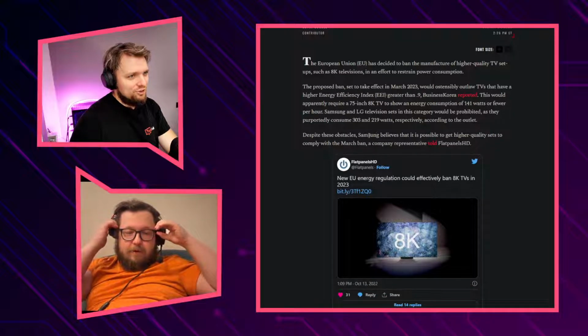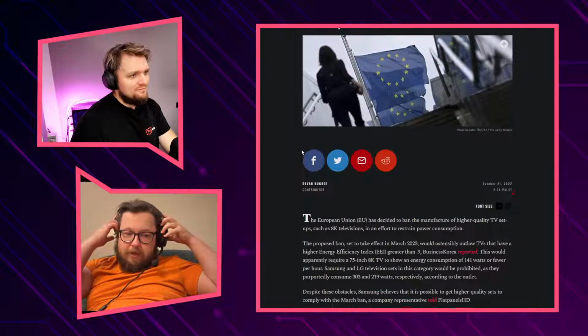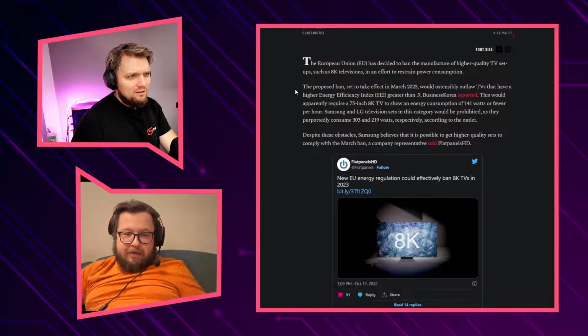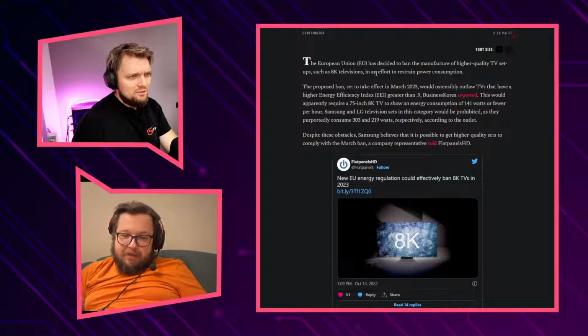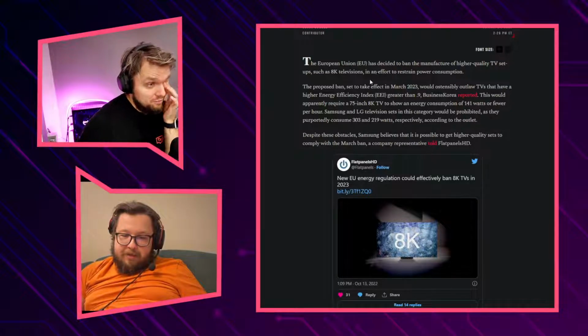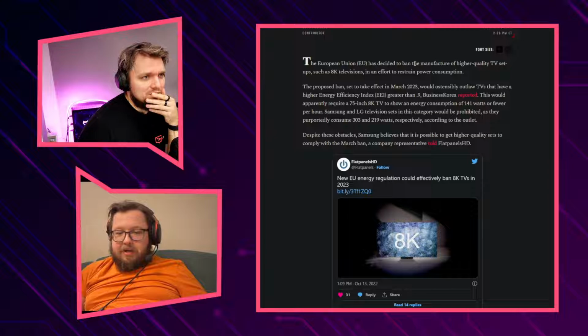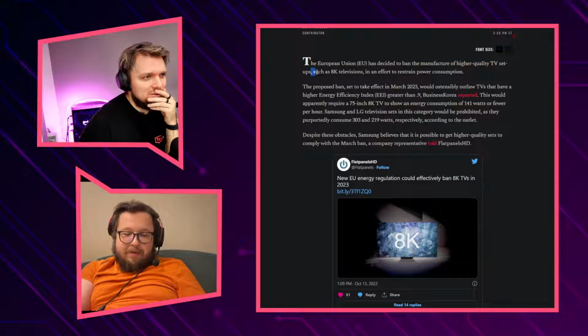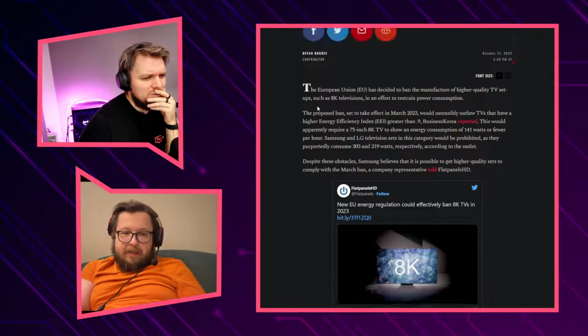Is this some kind of temporary measure caused by whatever situation? No, this is here to stay, pretty much. They decided to ban the manufacture of higher quality TV setups in an effort to restrain power consumption.